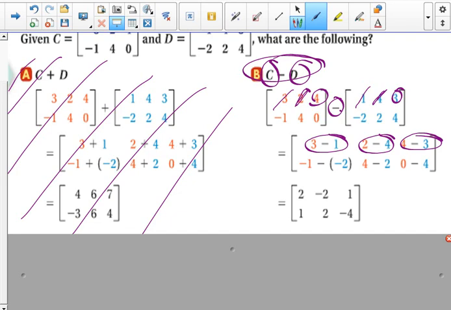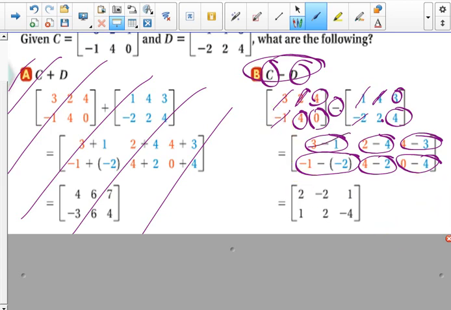Now we're going to move to the second row, negative 1 minus negative 2. And notice that that's a minus, so put it in parentheses so you don't lose your sign. 4 minus 2, row 2, column 2, and 0 minus 4 for row 2, column 3. Now, do the math.